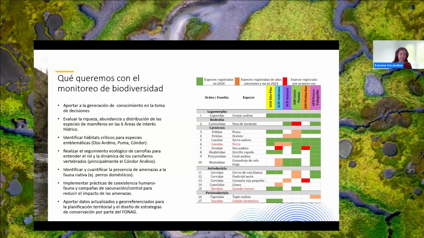Also, we saw with a lot of worry that in the beginning of our monitoring activities, the first scavenger animals were the dogs, and little by little, wild dogs. And little by little, with restoration activities, this dynamic has changed.